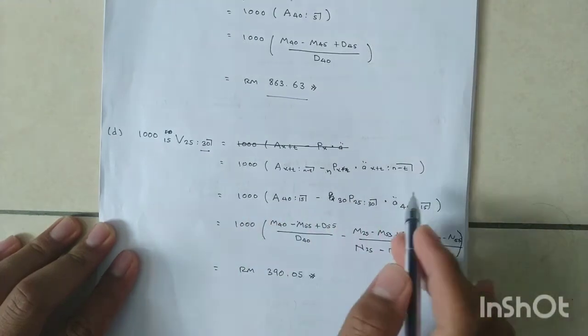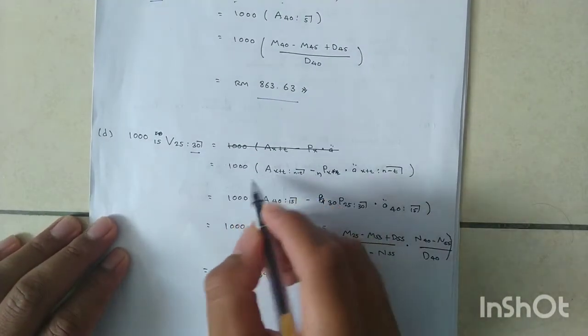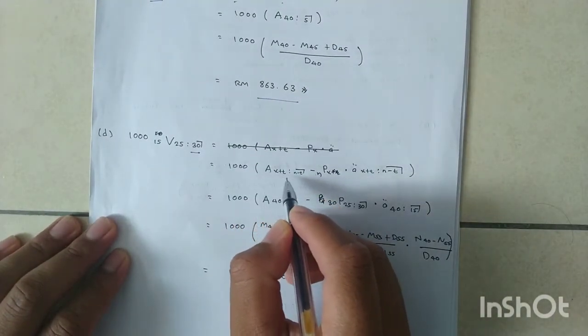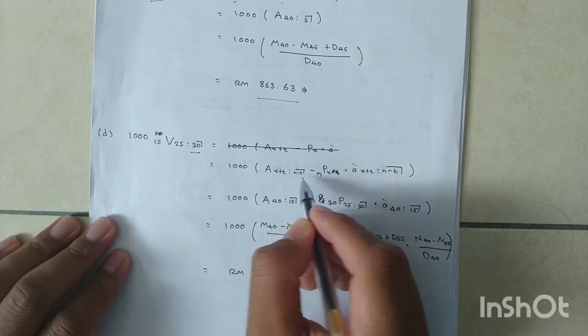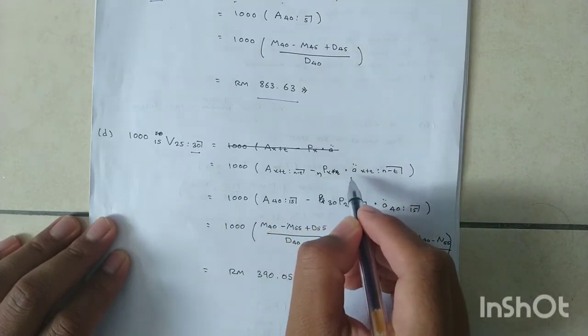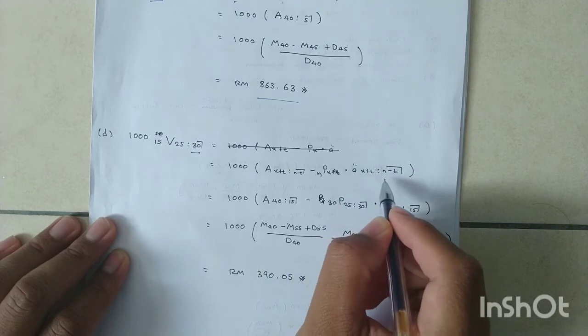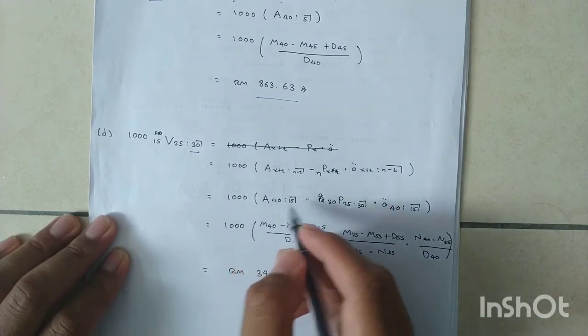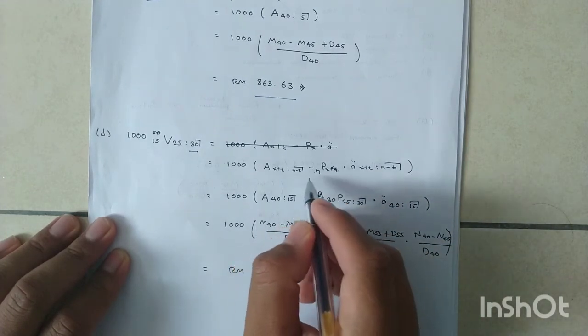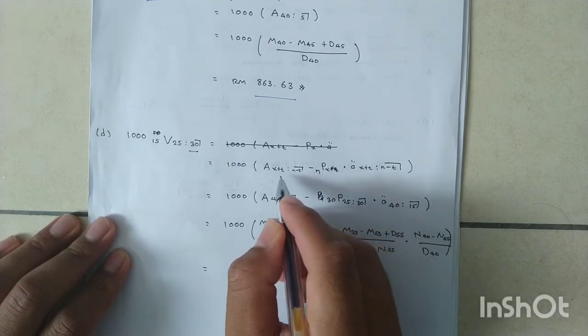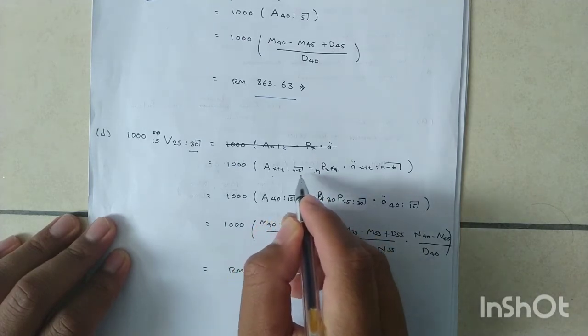So our formula is going to be 1000 A x plus t, n minus t, minus P x times ä x plus t, n minus t. From here we just have to insert all the values given for x, t, and n respectively.